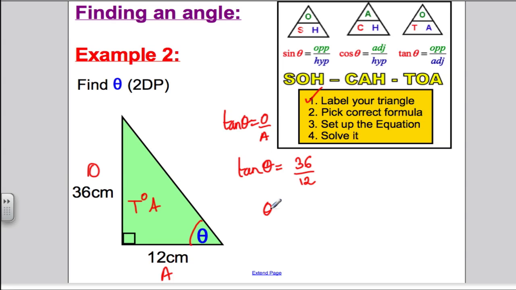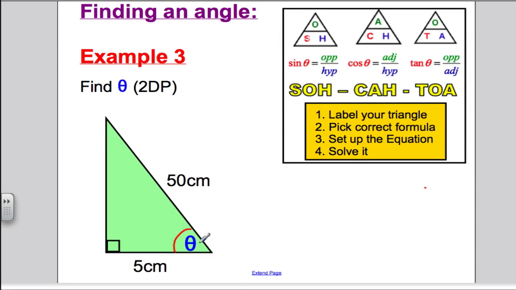To get the angle, I inverse tan this. The way I usually type that in my calculator is shift tan 36 divided by 12 close bracket equals. And I got there, theta was 71.57 degrees.